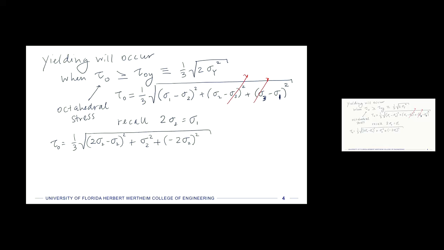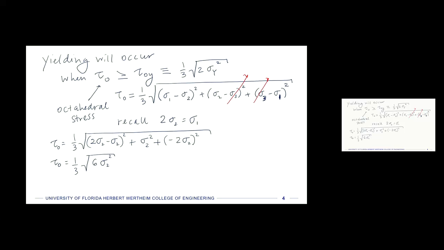All right, so all I did was substitute in so now we only have sigma 2 in our expression. And we'll continue simplifying, so we get tau naught is equal to 1/3 times, if we have a 2 that's squared, that's 4, plus 2 is 6, so 6 sigma 2 squared. And we can pull out 3's and that kind of thing. We'll do that in a moment.